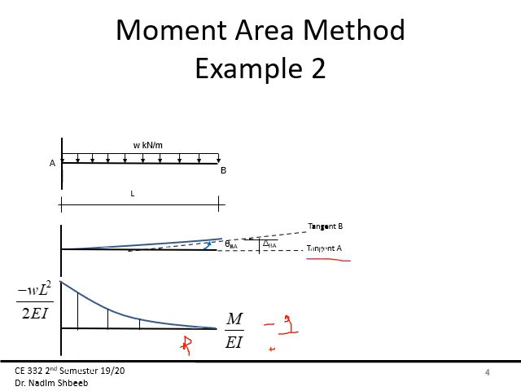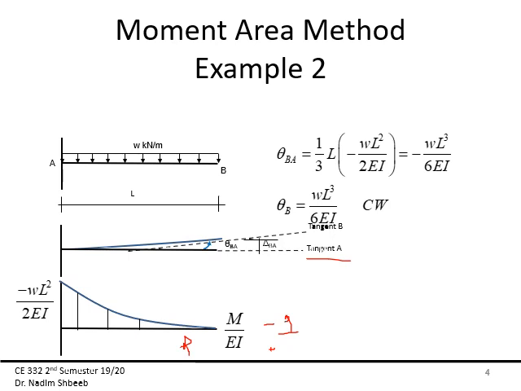Since the tangent at A, or the slope at A, is equal to 0, theta BA here would be equal to theta B. To calculate theta BA, I'm just going to take the area under the M over EI diagram, and it's going to be 1/3 L times minus WL squared over 2EI, and it will give me a minus WL cubed over 6EI, indicating that the rotation is going to be clockwise, not counterclockwise.